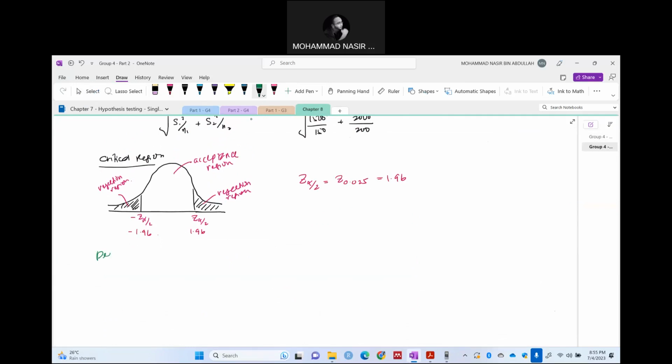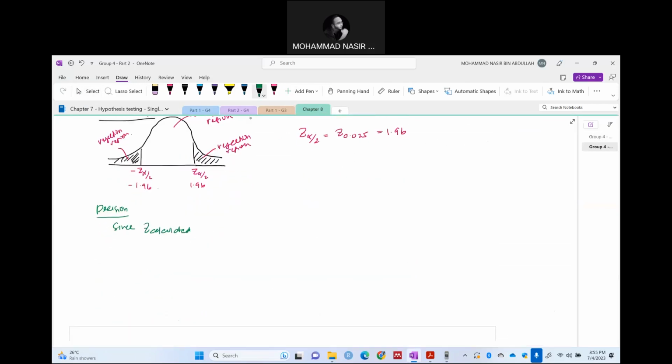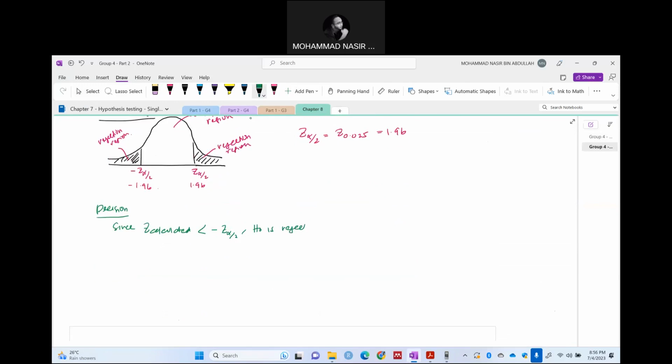So our decision here is, since Z calculated, so what is the value of Z calculated? Negative 16.04 is less than negative Z alpha divided by 2, so the null hypothesis is rejected. Negative 16 is somewhere here, so it lies inside the rejection region.